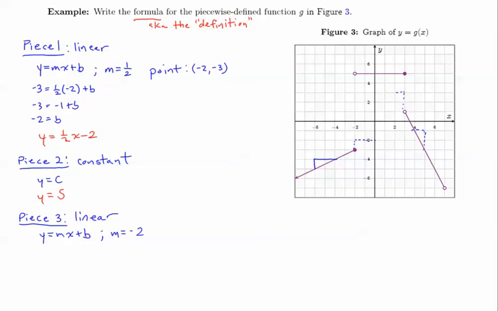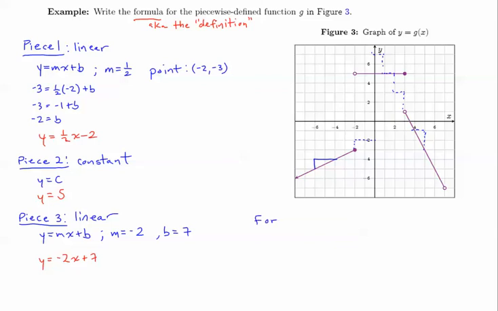And again, we could either solve for the value of b, or we could read it off of this graph. For this one, I can see that b is going to equal 7. I could calculate that in the manner that I did for piece 1 if I wanted to. All right, so that makes this formula y equals -2x plus 7.